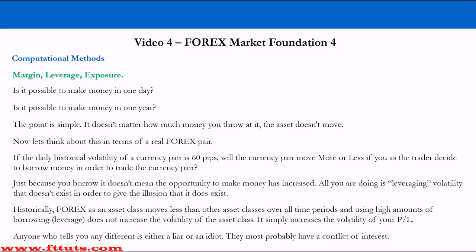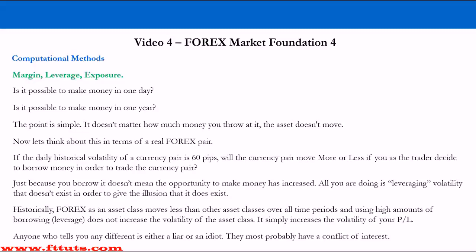Well, obviously not. The currency pair is just the currency pair. It's the exchange rate as determined by the market. Just because you borrow money doesn't mean the opportunity to make money has increased. All you're basically doing is leveraging volatility that doesn't exist in order to give the illusion that it does exist.